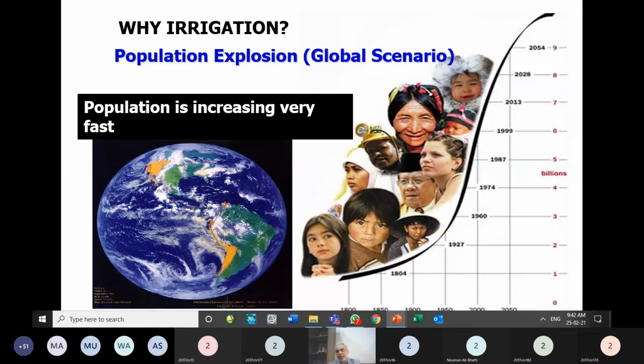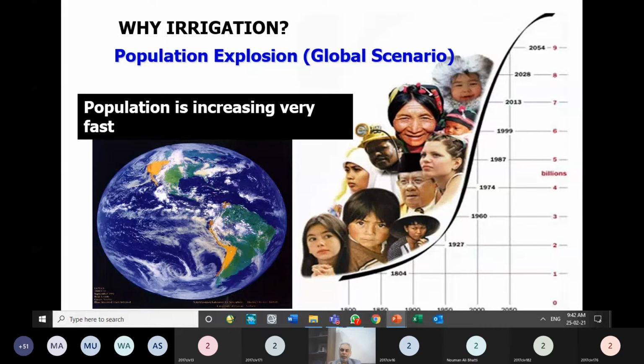We don't have an abundance of land. We don't have freely available land which can be brought to cultivation, because some two-thirds of the earth is covered with water. So one-third is land area. Take out from that one-third the desert, the hilly area, the mountain area. We have very limited cultivable land.